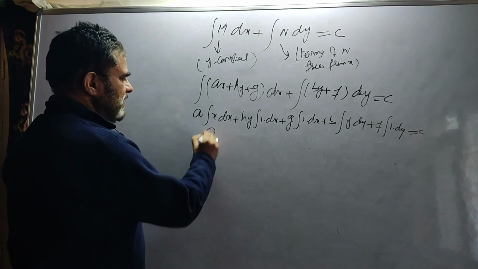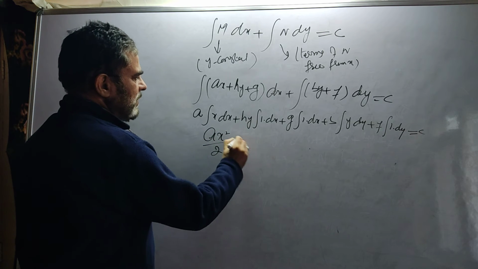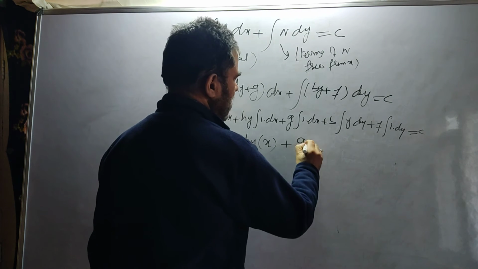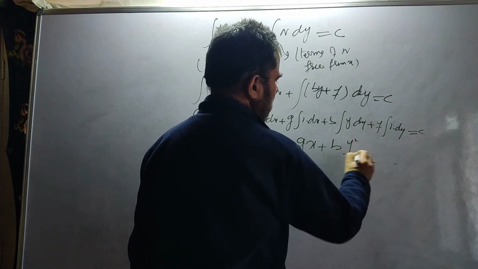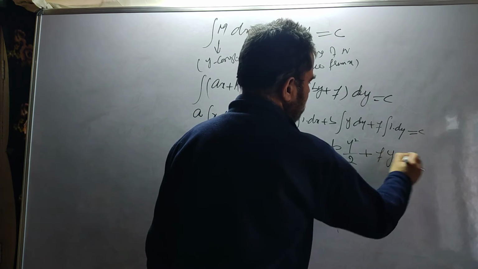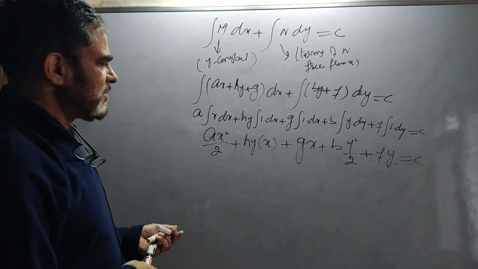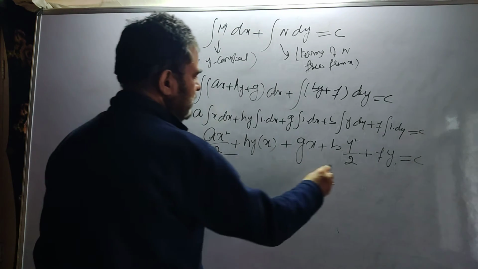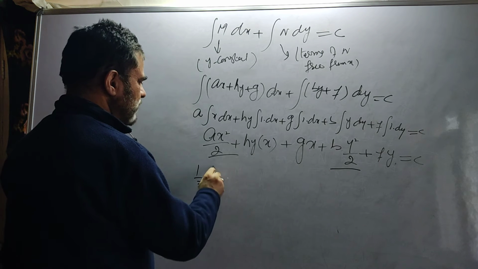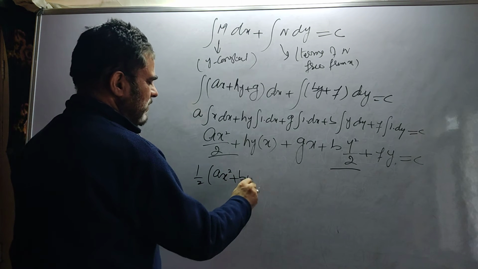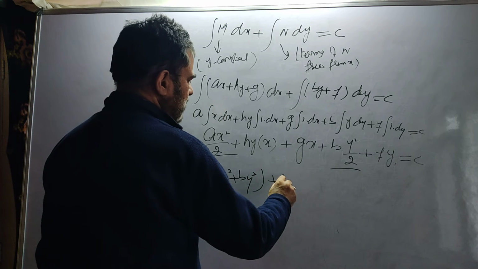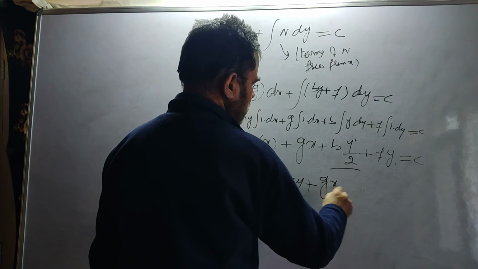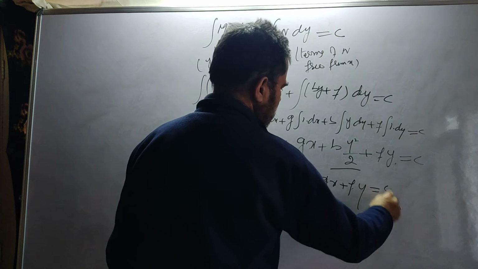So you integrate this: a x square by 2 plus hy x plus gx plus b y square by 2 plus fy is equal to c. This is the solution. You can write this as 1 by 2 (ax square plus by square) plus hxy plus gx plus fy is equal to c.